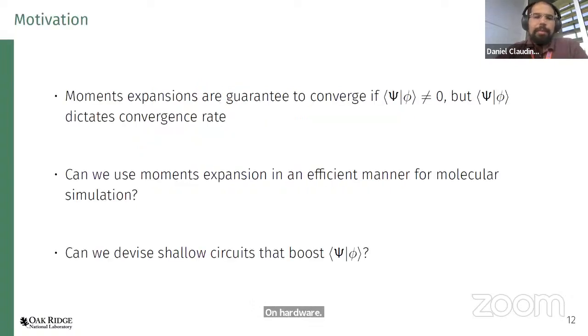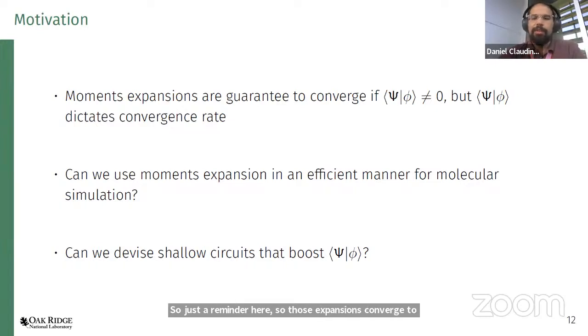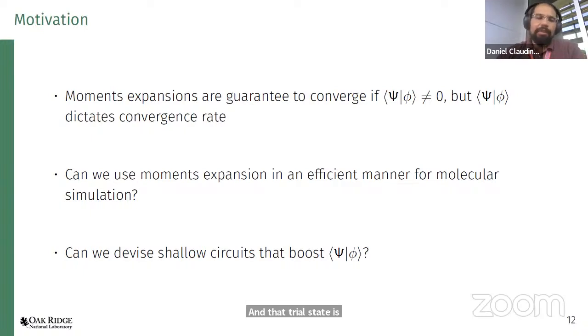Just a reminder, those expansions converge to the ground state energy as long as the overlap between the ground state and the trial state is non-zero. That overlap dictates how well or how fast you converge. If the overlap is not zero but very small, then you have to go very high in the expansion, to very high orders. We don't want to do that.